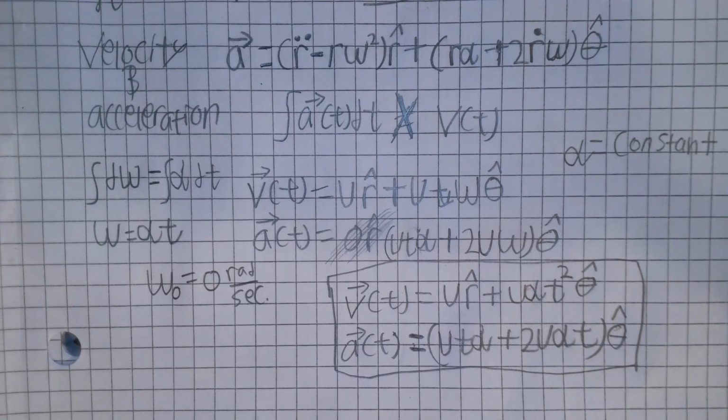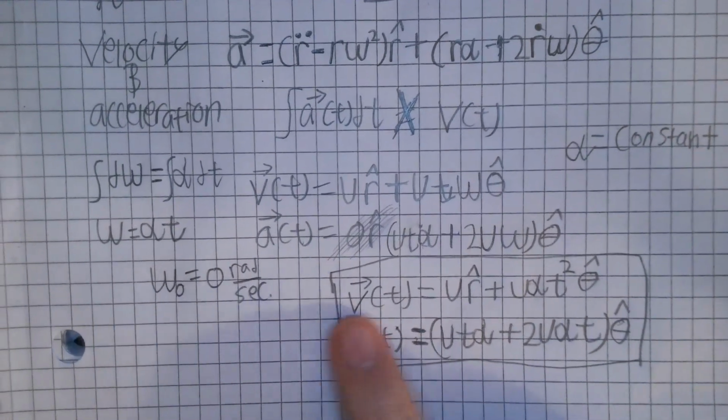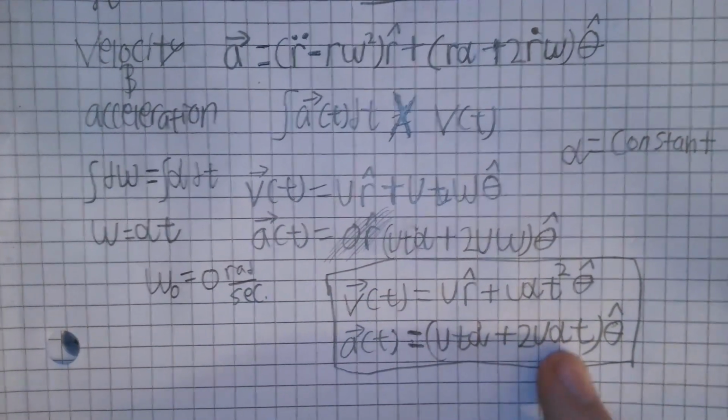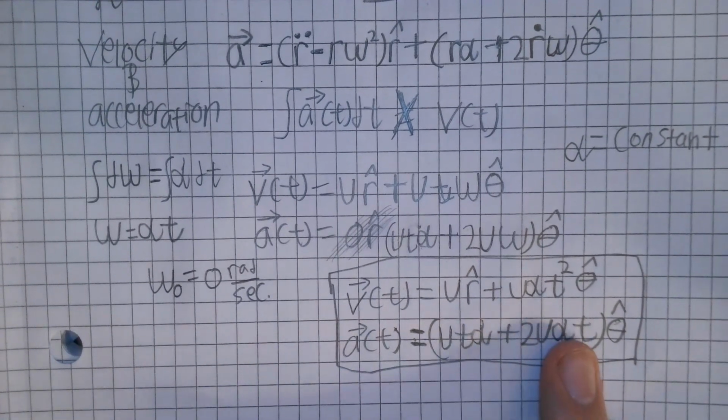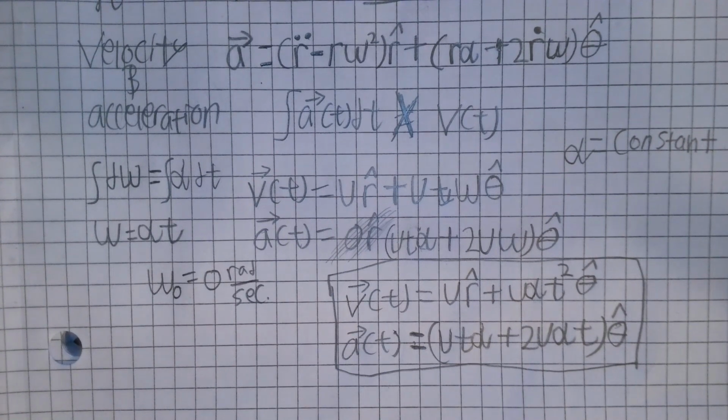Okay, and here, remember, in this case, the magnitude of the acceleration can increase even though there's an angular acceleration in the theta hat direction. I know that's not overly intuitive, but it can. You just kind of have to trust me on that.